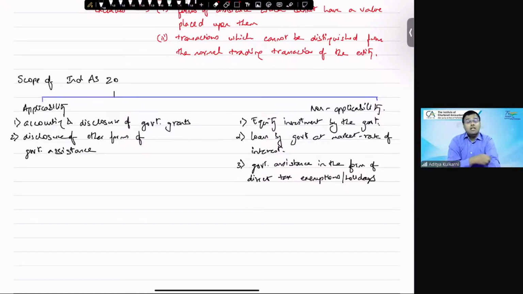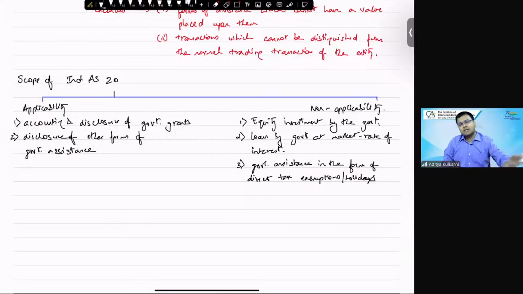Okay. Now, in such situations, since the entity has taken a risk by setting up its unit there, it's a place where there is frequent labor strikes, where the surrounding conditions are not conducive.